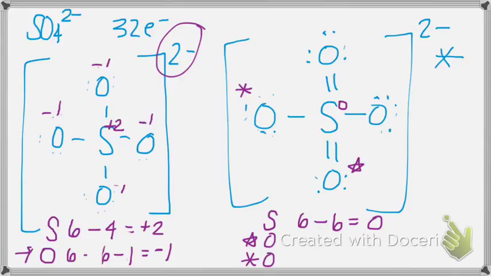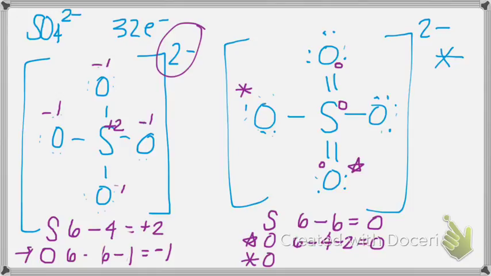Now we're going to do star O. Okay, so I've got 6 minus 4, because it's only got 4, and then minus 2, which is 0. So this one's going to have a 0, and this one's going to have a 0. So far I've got 3 of those at 0, which they like.